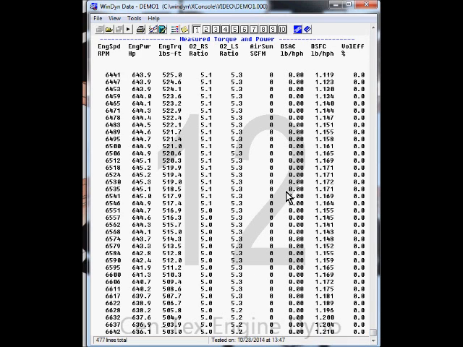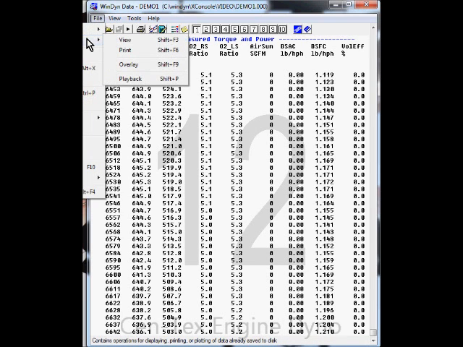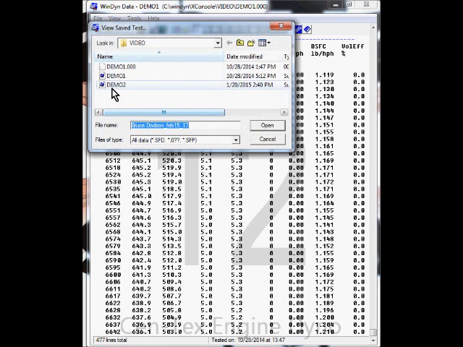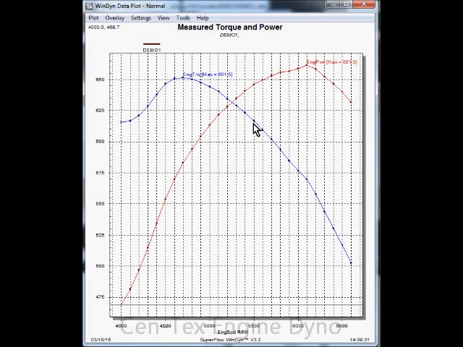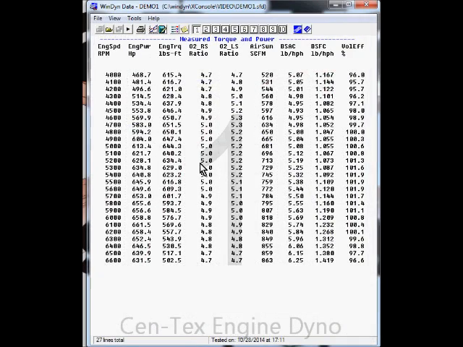Now this was a run that took almost 5 seconds. That is the reason, in order to make it easier to digest, we run with the average data here, which is once every 100 RPMs.